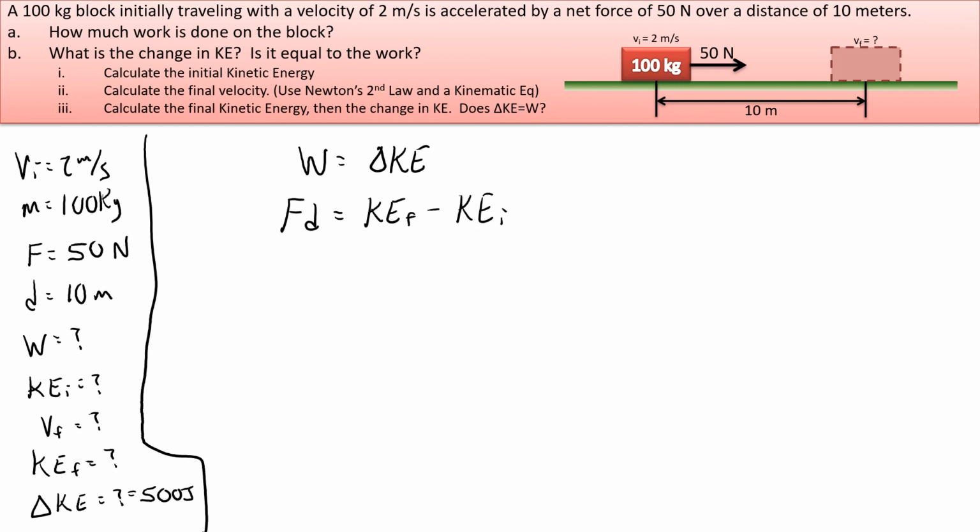By the way, you probably want to do FD cosine theta because that'll give you the right sign. Are we doing positive work or negative work? Right now, the angle between the force and the distance is 0, so it gives us positive 1 when we do cosine of 0. But that'll help you with this because we got 1/2 mvf squared minus 1/2 mvi squared.